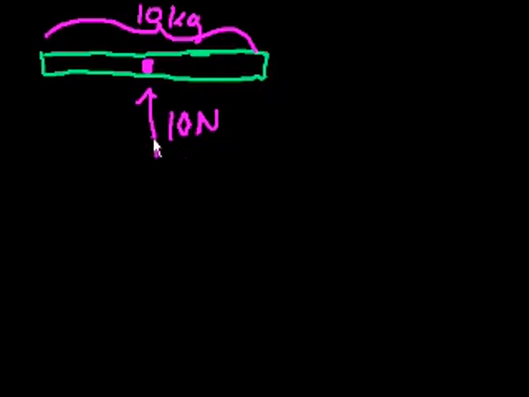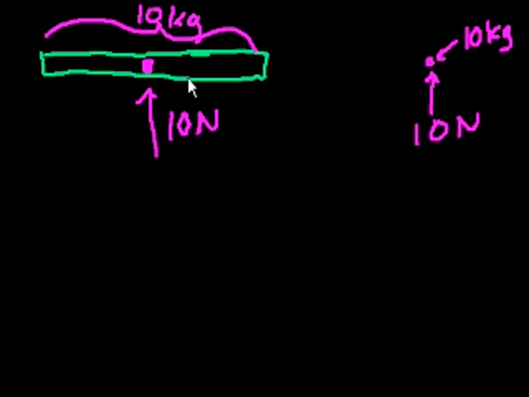This ruler will accelerate the same exact way as would a point mass. Let's say that we just had a little dot, but that little dot had the same mass, 10 kilograms. And we were to push on that dot with 10 newtons.